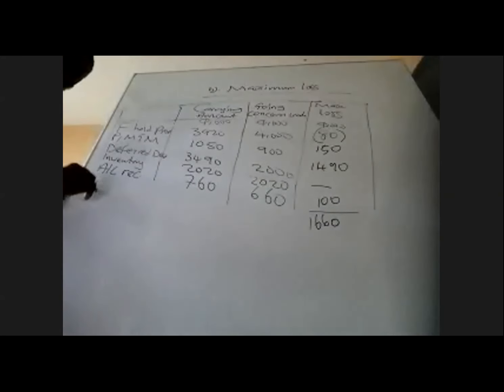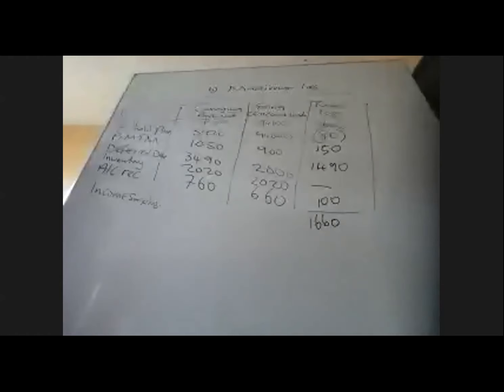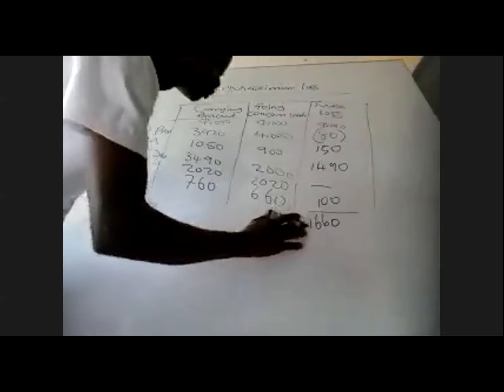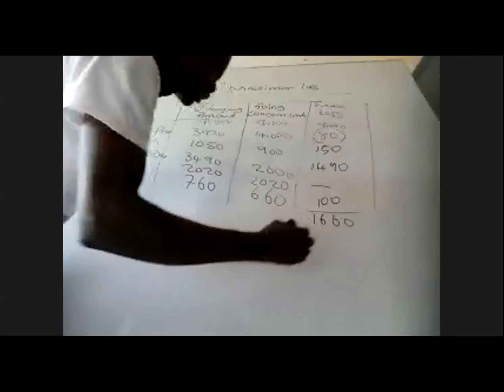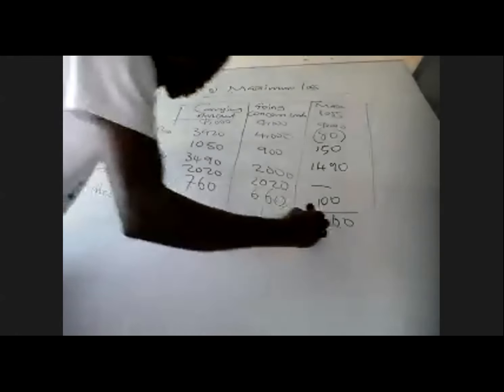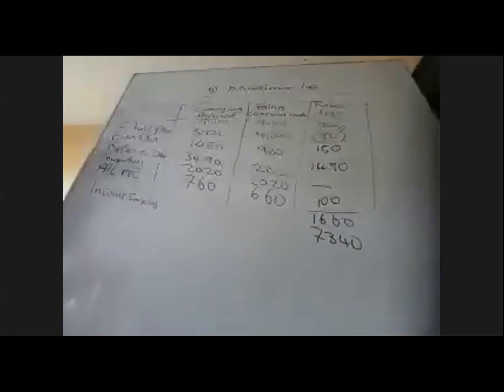So you write here income surplus. The income surplus is 7340. Good. We are not done.